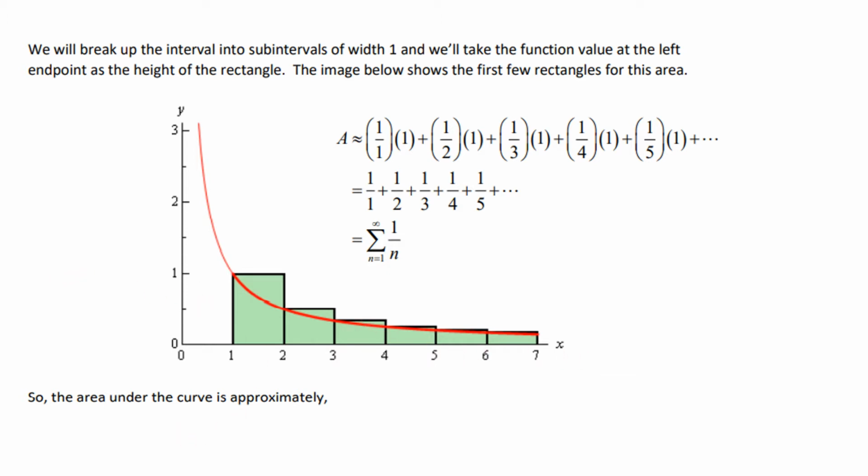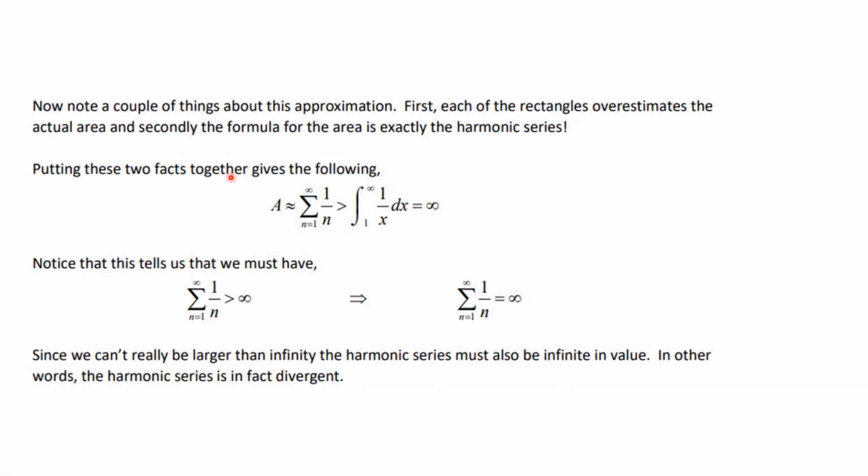So the area under the curve is approximately the same as the harmonic series, but this was an overestimate of the integral, which we know is infinity. That means the series is bigger than or equal to infinity, so it equals infinity, and the harmonic series is in fact divergent. So this is another proof that the harmonic series is divergent.